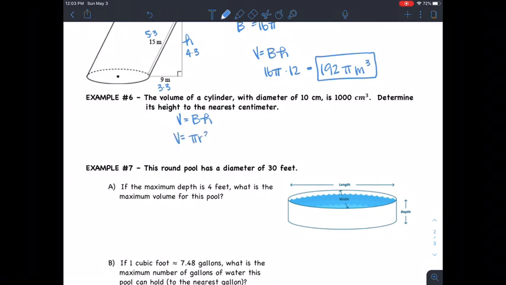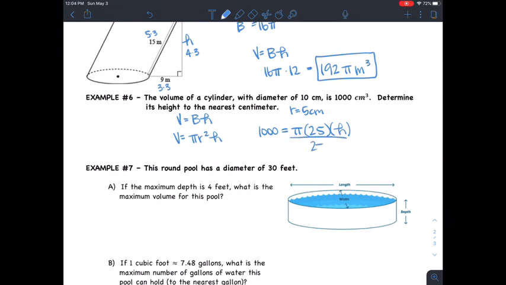So the area of my base is pi r squared, and then times the height gives me my volume, and I'm going to plug in what I know. So if my diameter is 10, that means my radius is 5 centimeters. My volume, it tells me, is 1,000 centimeters. So pi times r squared, which would be 25, times the height.